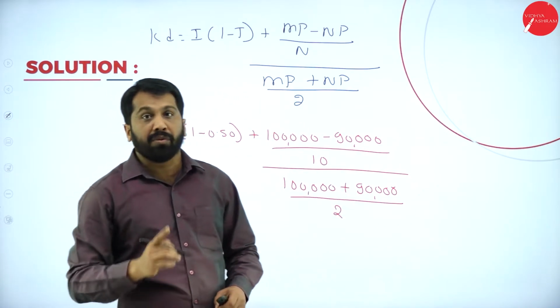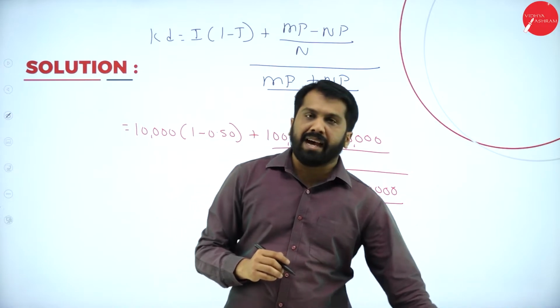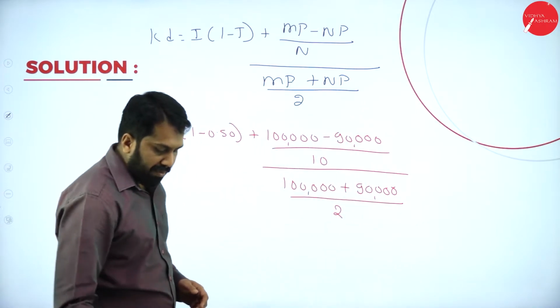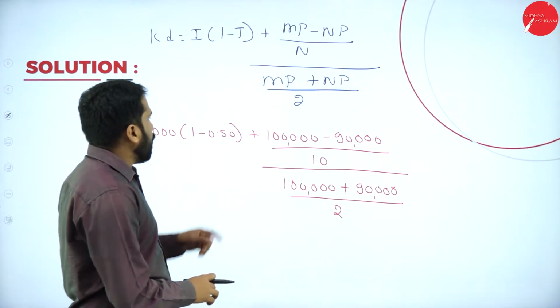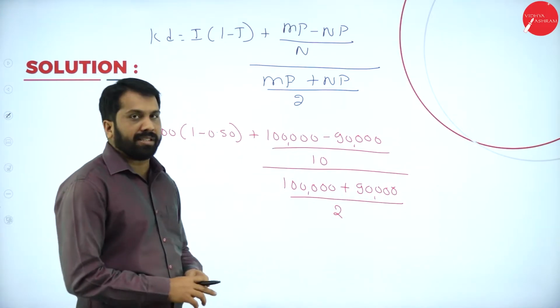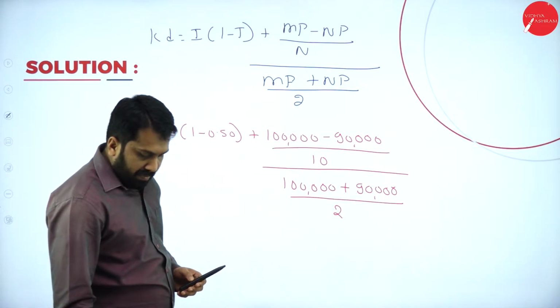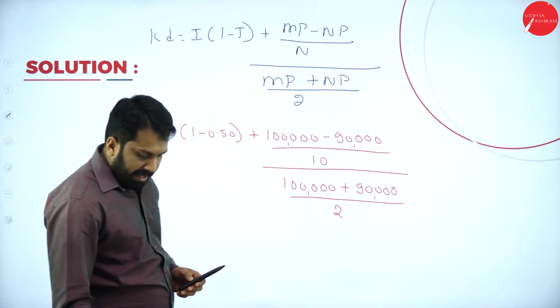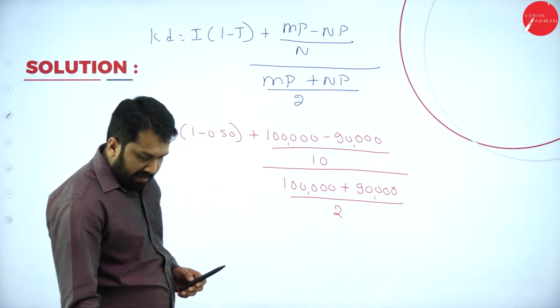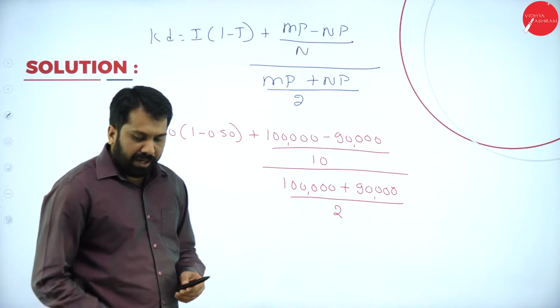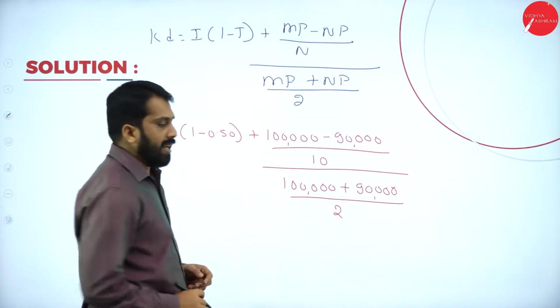This is the calculation we are supposed to do. Now we'll calculate how much you will get. 1 lakh minus 90,000 divided by 10, I got around 1,000 as the answer.